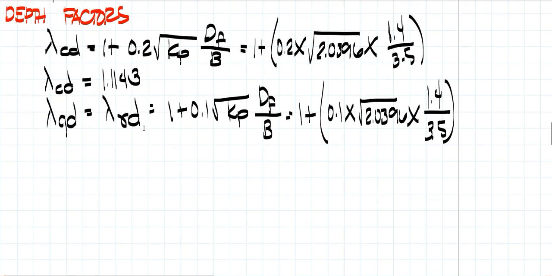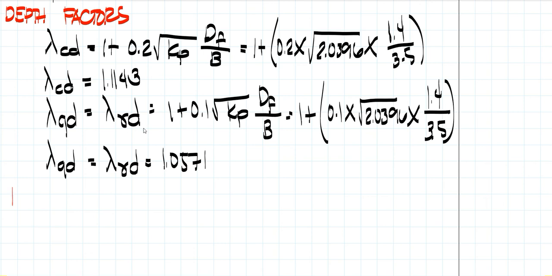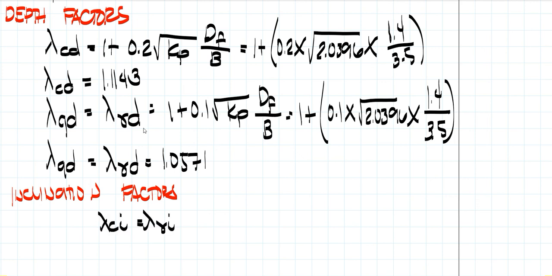So, our lambda QD and lambda gamma D coming from this equation will be 1.0571. And sabi ko nga, yung inclination factors natin, so yan yung lambda CI, lambda gamma I, and lambda QI will just be equivalent to 1.0.